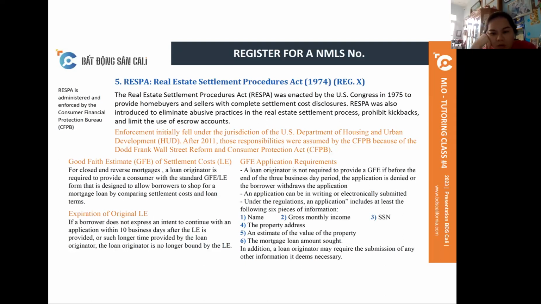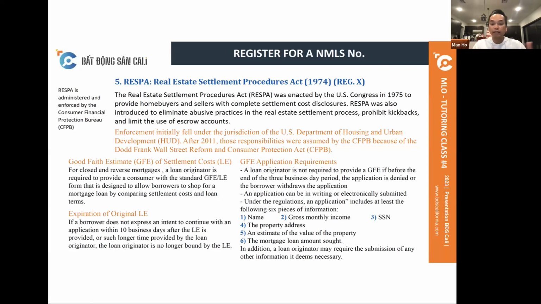Because sometimes the application can be denied, right? It's not for sure that this borrower is able to get the loan, right? So you don't have to give out the LE just yet until you verify everything. And guess what? Sometimes the borrower takes time to fill out the application, right?